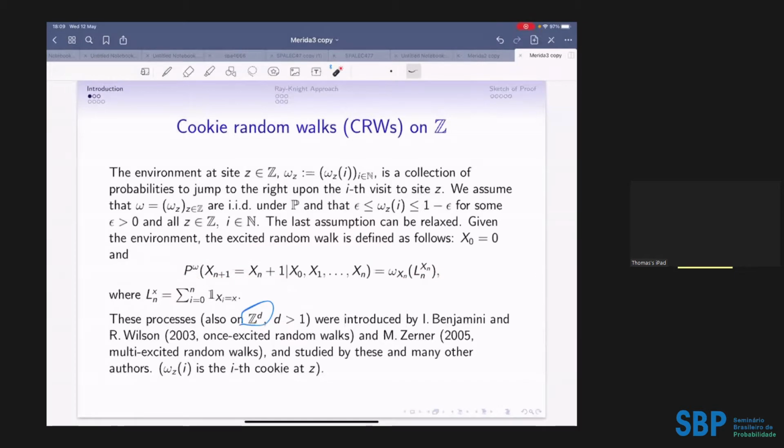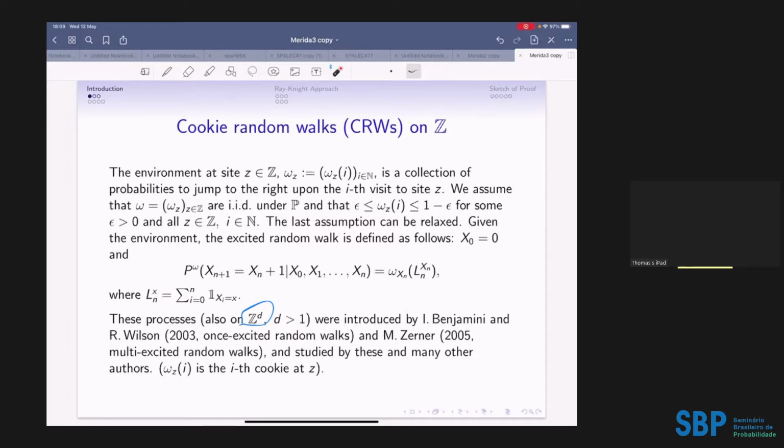So we will assume that the omegas considered as a random vector are IID. This is not necessary, but it's certainly a very convenient assumption. And again, often we don't need this, but we have this uniform ellipticity assumption.